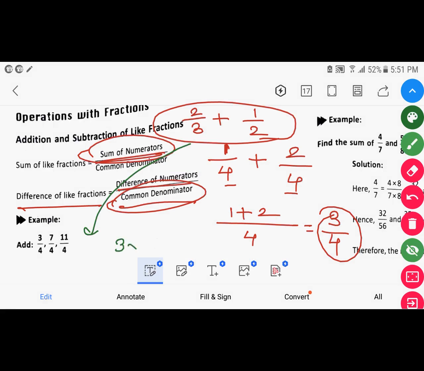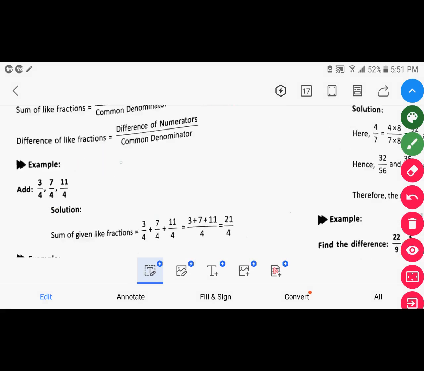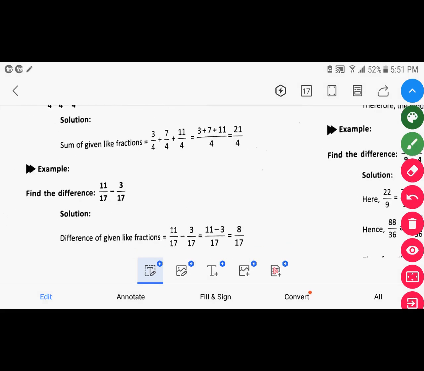So I multiply 3 and 2 to make them common, and for 3 to become 6, I multiply the numerator here with 2 and here 1 with 3. So my answer becomes 2 twos are 4 plus 3 upon 6, so 7 by 6. Okay, so this is the method.